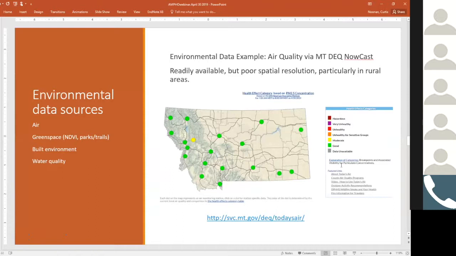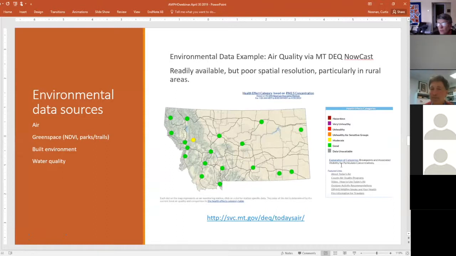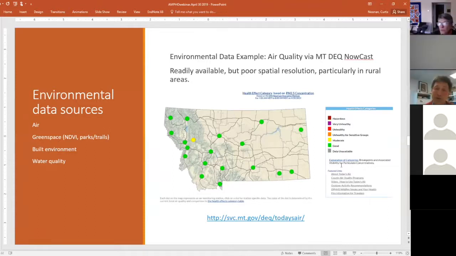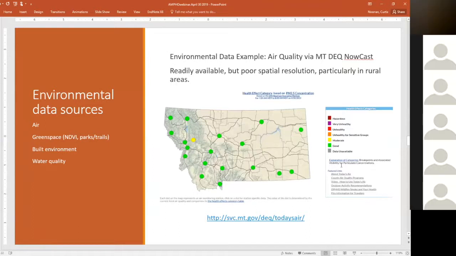So the other thing when we talk about social determinants of health or different influential factors on health, the one area that I tend to focus my attention on is environmental exposures. And there are lots of pretty easily accessible tools for environmental data. Just to give you an example, here's the air quality site for the Montana Department of Environmental Quality.